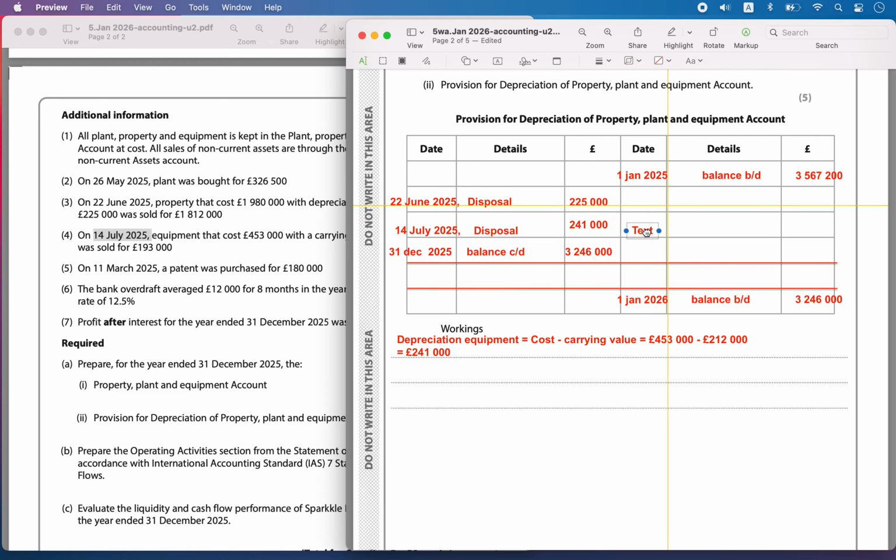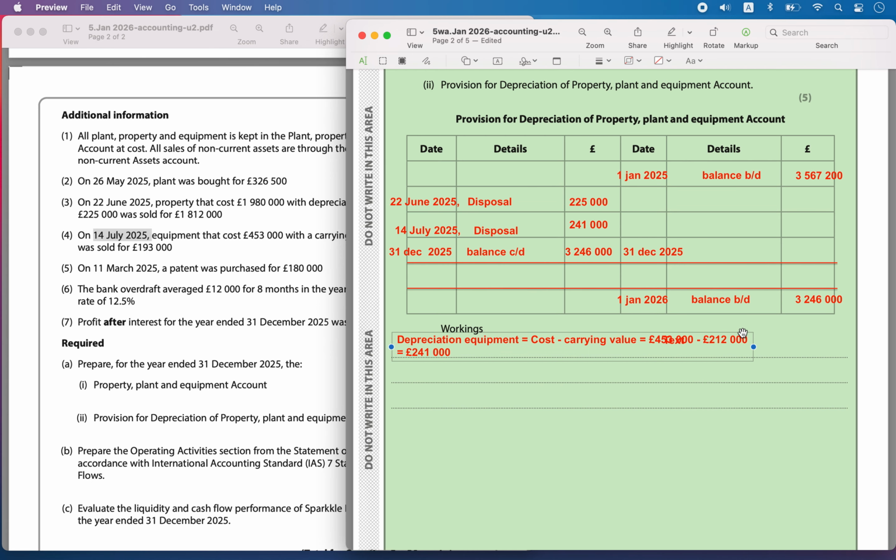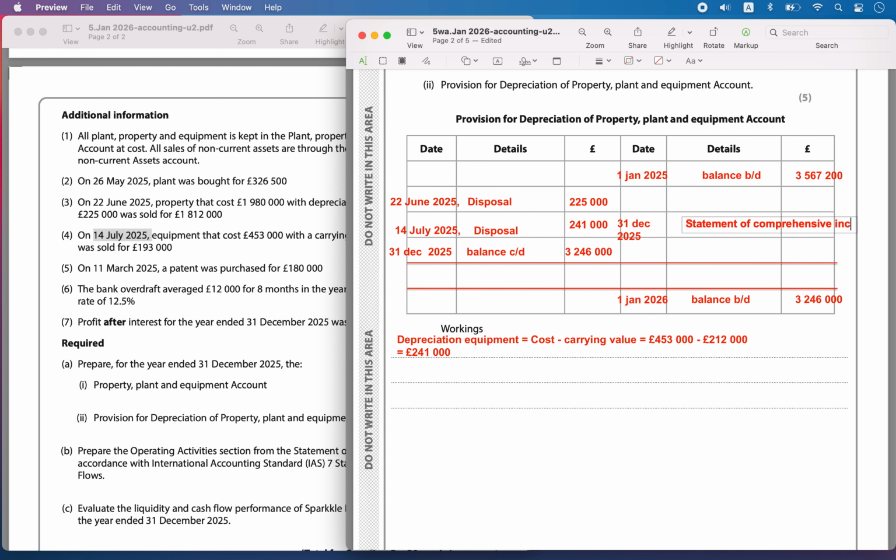Now we have to adjust to get it to the financial statement as on 31st December 2025, the statement of comprehensive income. So we will have to adjust and enter into the income statement, which is called the statement of comprehensive income.